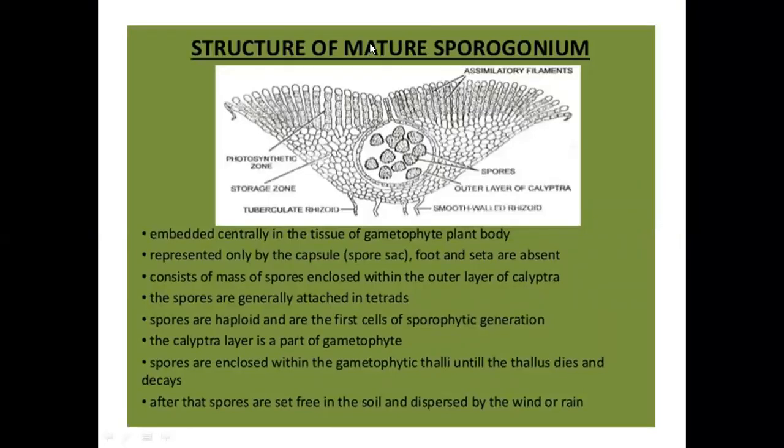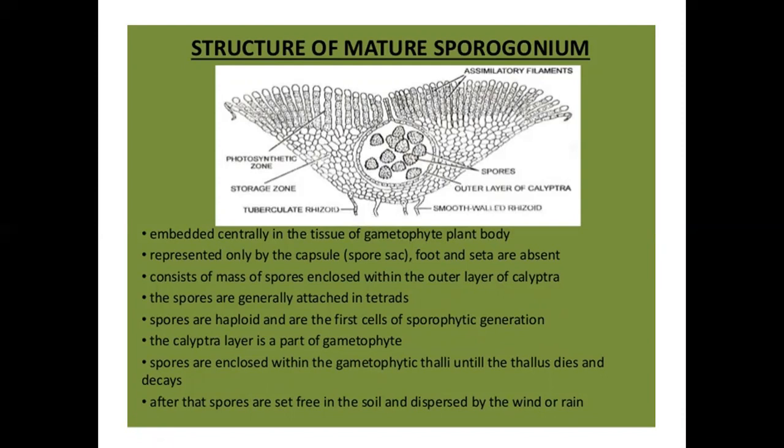Structure of mature sporogonium. It is embedded centrally in the tissue of the gametophyte plant body and represented only by the capsule, the spore sac. Foot and seta are absent. It consists of a mass of spores enclosed within the outer layer of calyptra. The spores are generally attached in tetrads.